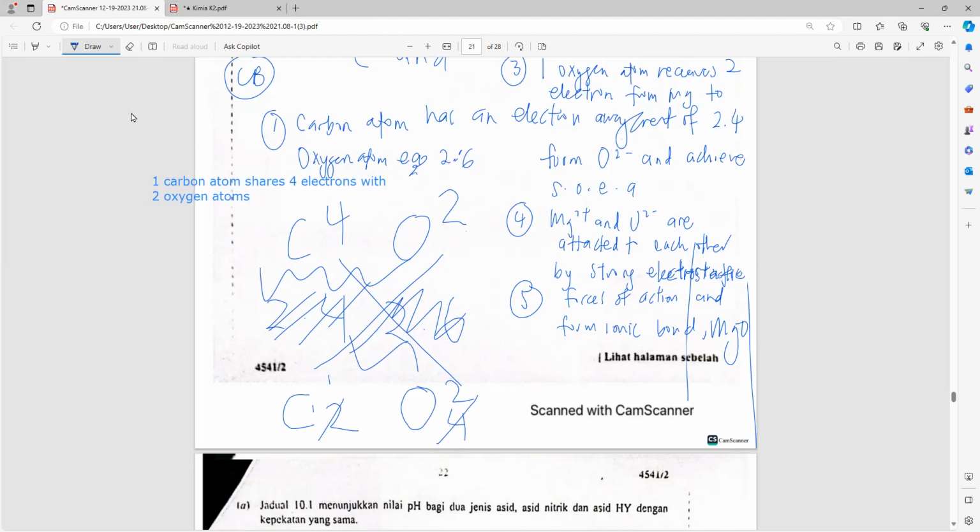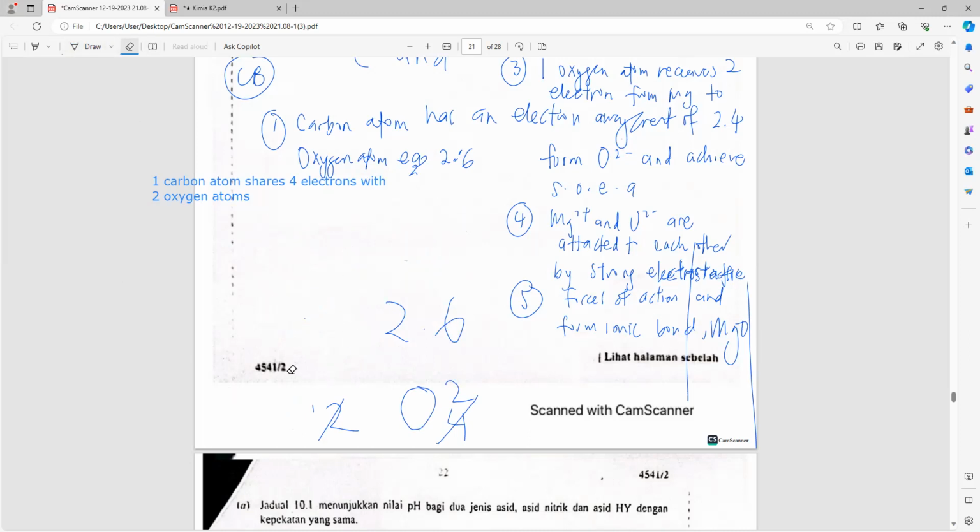Okay, so that is the way, if they ask you any covalent compound, any whatsoever, this is the way to answer. So teacher gave you the first mark, and then Simadev is helping me to type out the second one. Thank you, Simadev. So one carbon atom shares 4 electrons with 2 oxygen atoms. Okay, then why am I sharing electrons with 2 oxygen atoms?